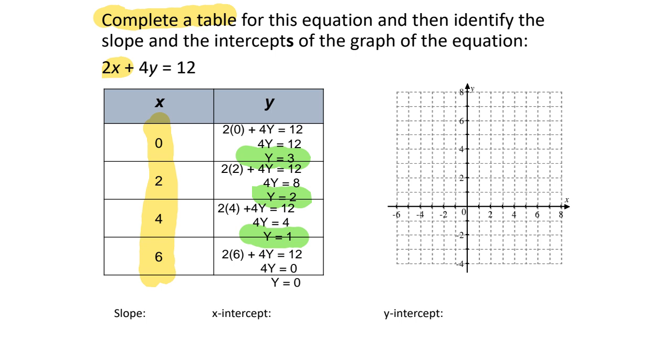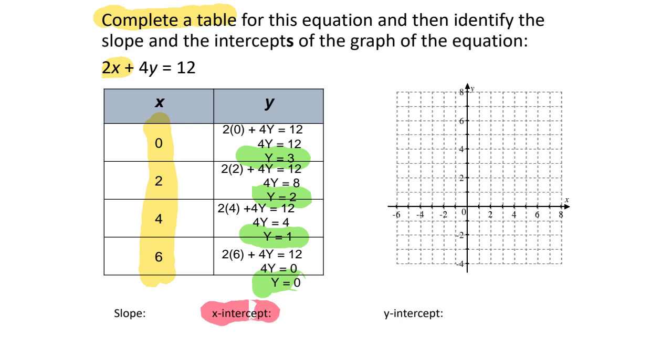Now, the slope, we haven't found that yet, but we're going to. In this case, we have a couple of things that we can do. Notice that we want to find the X-intercept and the Y-intercept.